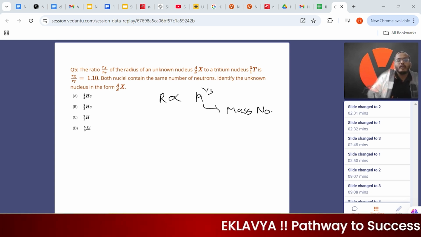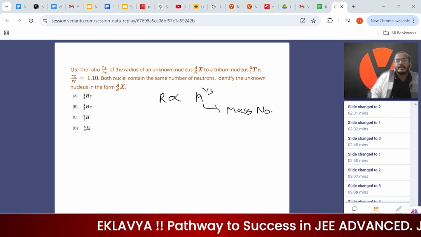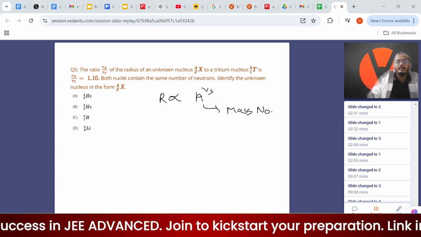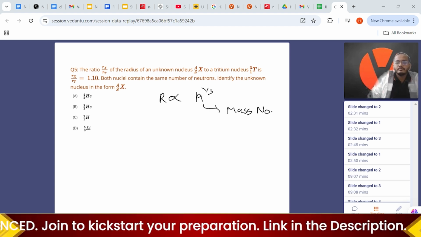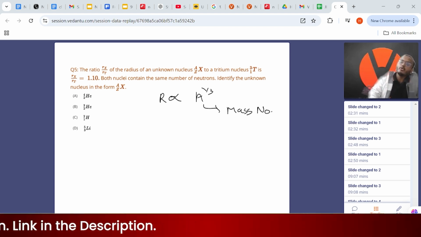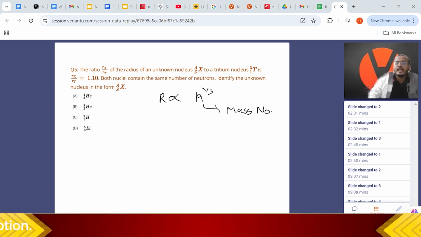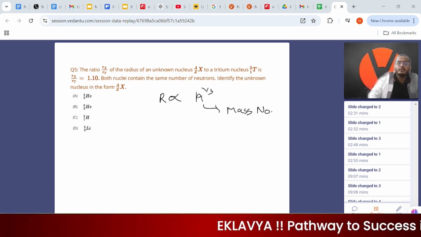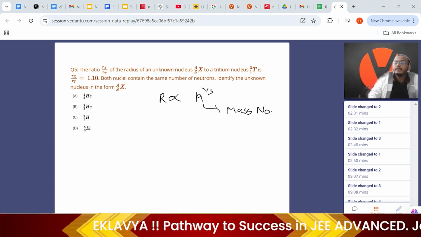Now the radius Rx will be directly proportional to A of x raised to the power 1/3, and likewise the radius of tritium. What is tritium? Tritium is an isotope of hydrogen atom which has 3 nucleons, that is 1 proton and 2 neutrons, and another one is deuterium.